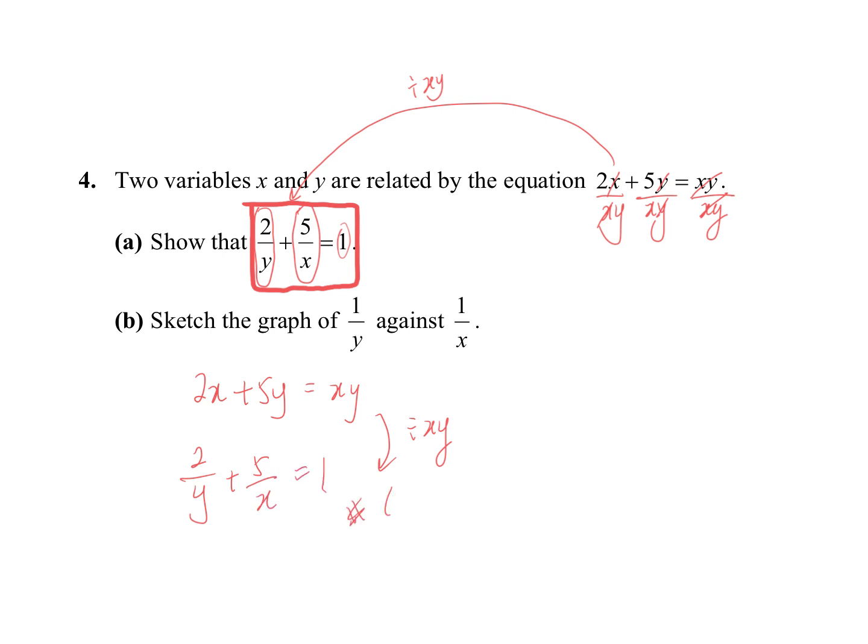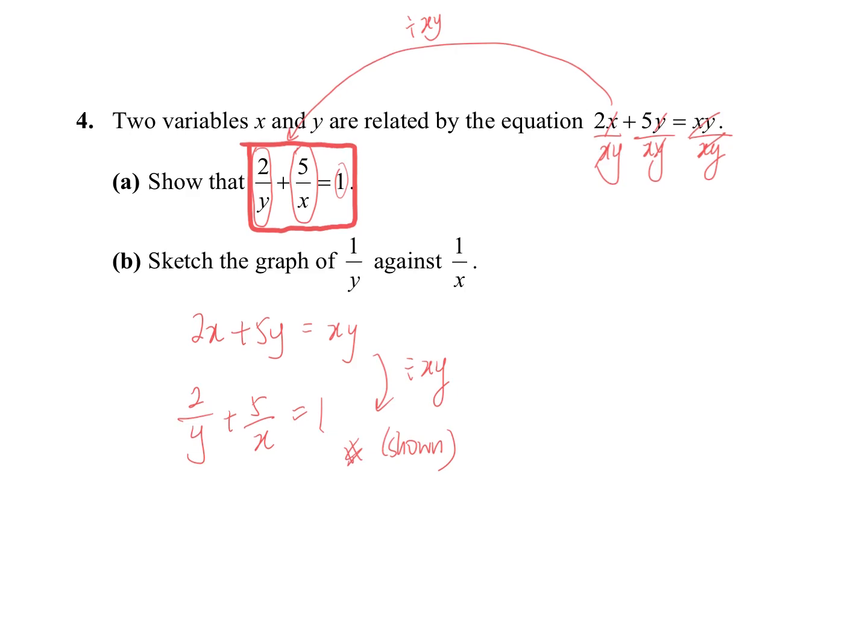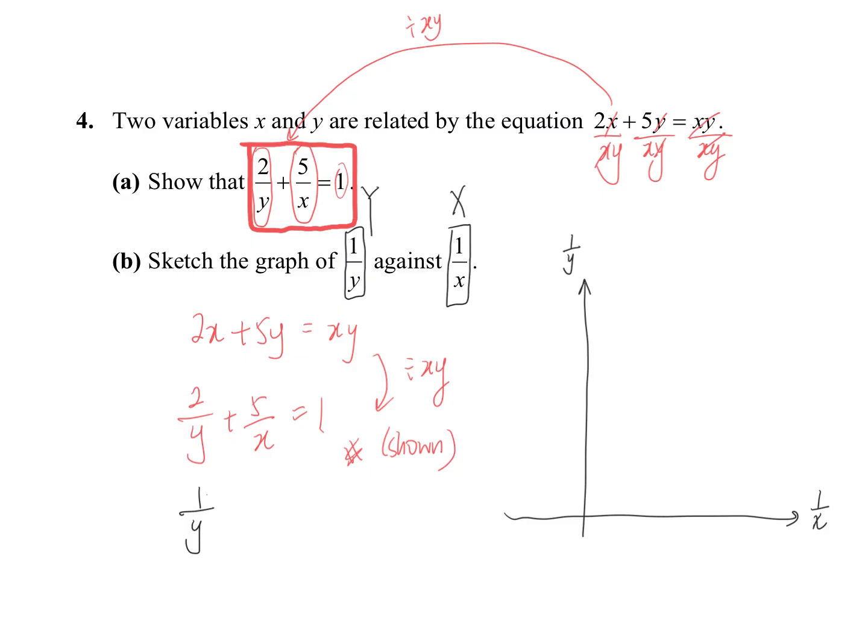Okay, but how do I linearize it? They already gave you a hint. They tell you that your new y and your new x must look like this. It's always plotting y against x. So that means the graph that you sketch will be 1 over y against 1 over x. So if my y needs to be 1 over y, what do you think I need to do?